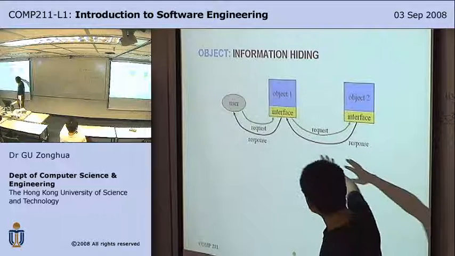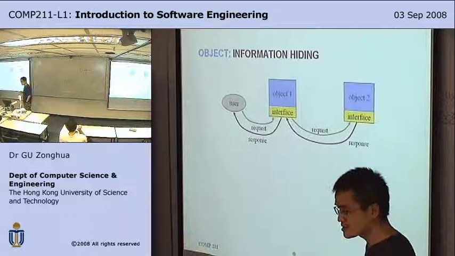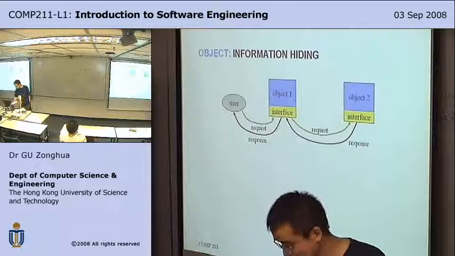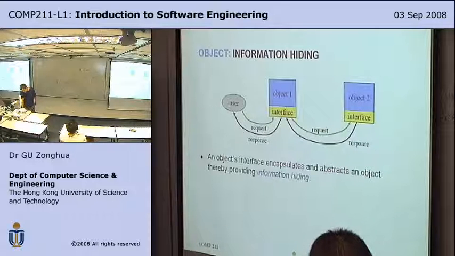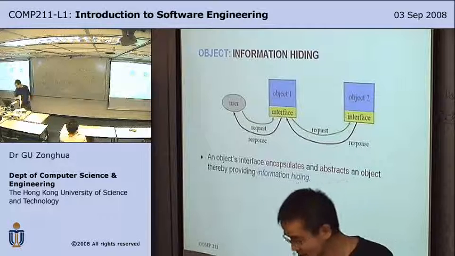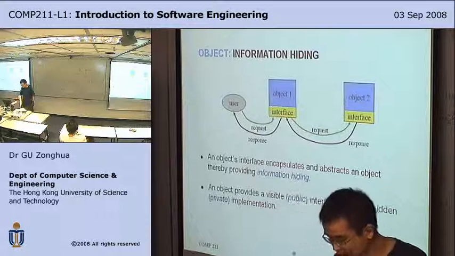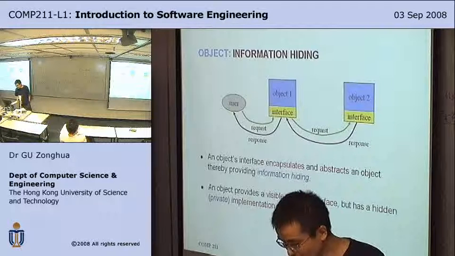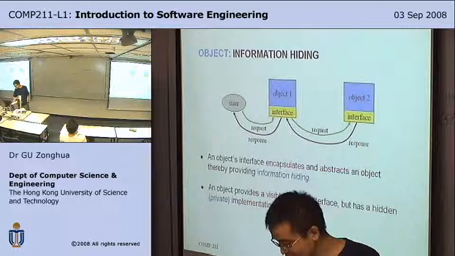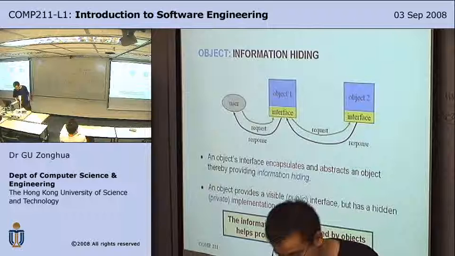The user could be a user interface element, for example a button. If you click on it, it invokes some operation on some object. So information hiding hides the implementation behind the interface, so that an object provides a public interface but a hidden private implementation, which helps promote modular development.